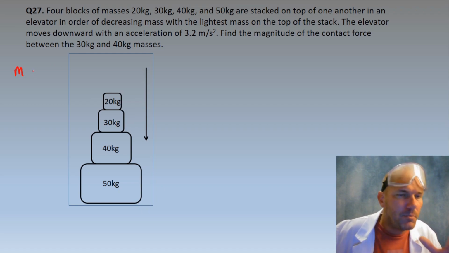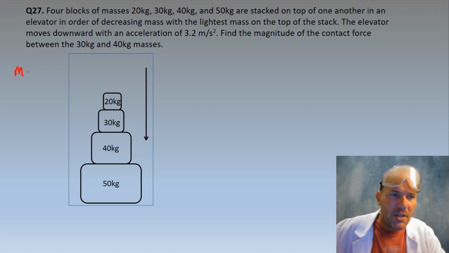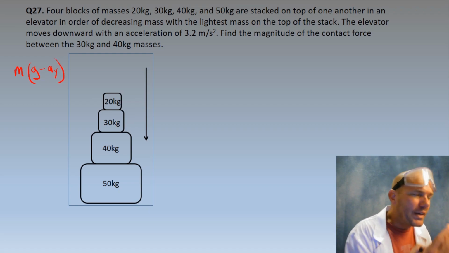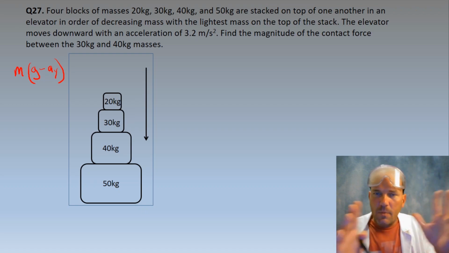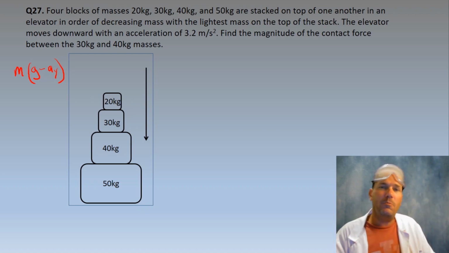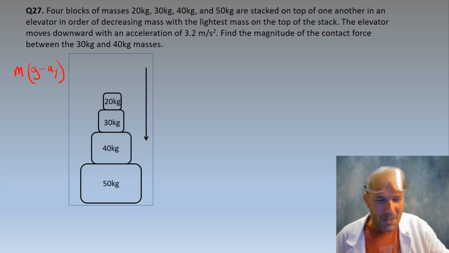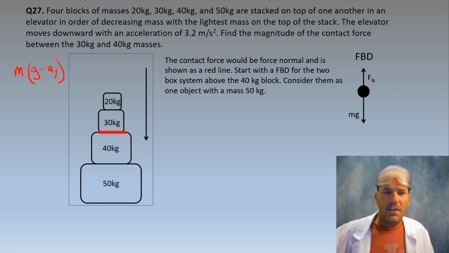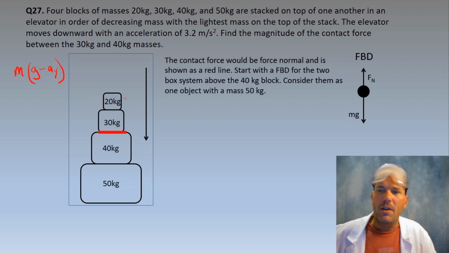So regardless of what I'm doing for my summation, I'm going to end up with the mass of whatever I have times g minus that acceleration. So the apparent weight, or force normal, or contact force, whatever verbiage is being used, is going to be less than what it normally would be.